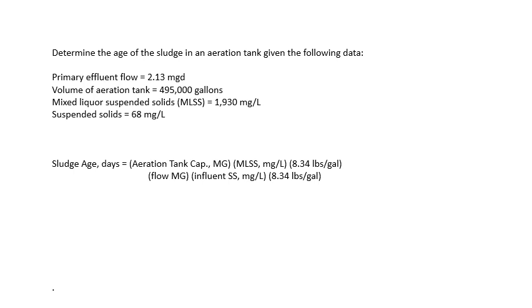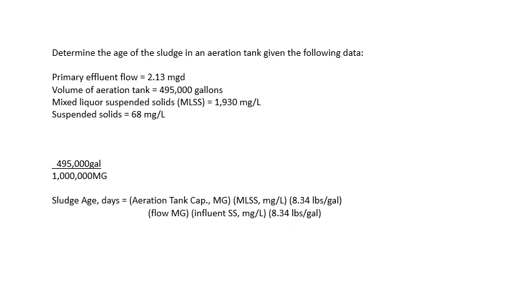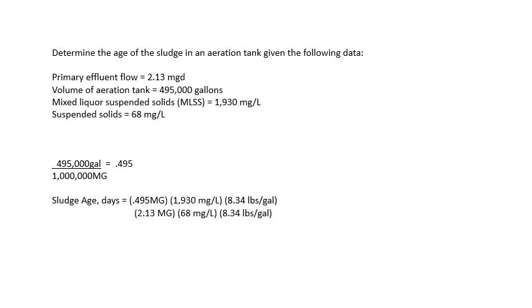Again, you notice our volume of our aeration tank is in gallons. We need to convert that to million gallons. 495,000 gallons divided by 1 million is going to give you 0.495 million gallons. So we can go ahead and plug everything into our formula.